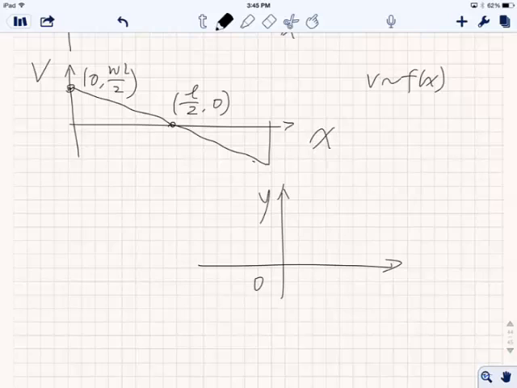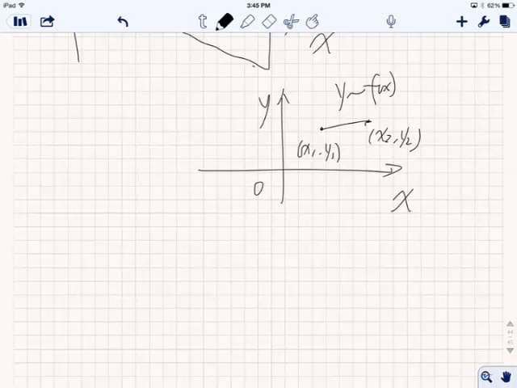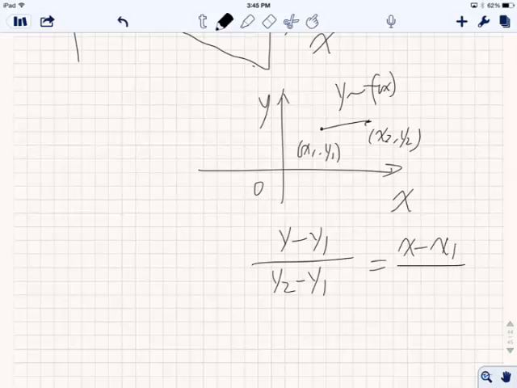if you have a y-x coordinate system, you have 2 points, (x1, y1) and (x2, y2), and there's a line across it. It can be an infinitely long line, doesn't matter, right? The way to find out what's y as a function of x is by using this equation: (y minus y1) divided by (y2 minus y1) equals (x minus x1) divided by (x2 minus x1), right?